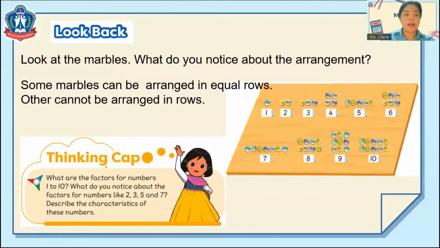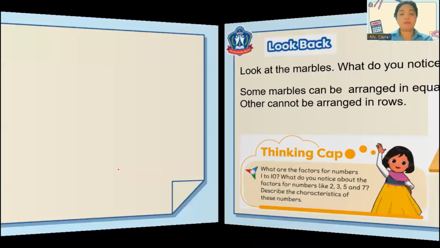Now, let's think about this one. What are the factors for numbers 1 to 10? Do you remember factors? What do you notice about the factors for numbers like 2, 3, 5, and 7? Describe the characteristics of these numbers. So during our class, we will discuss this.